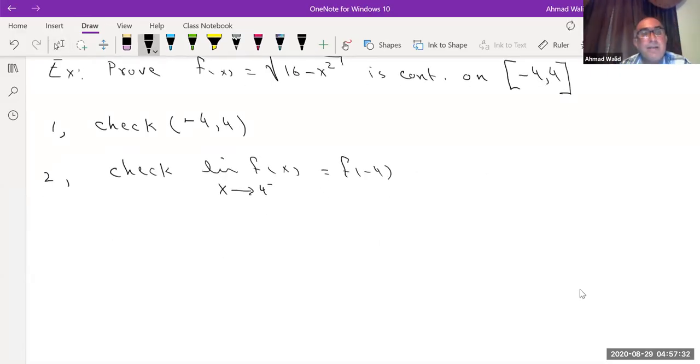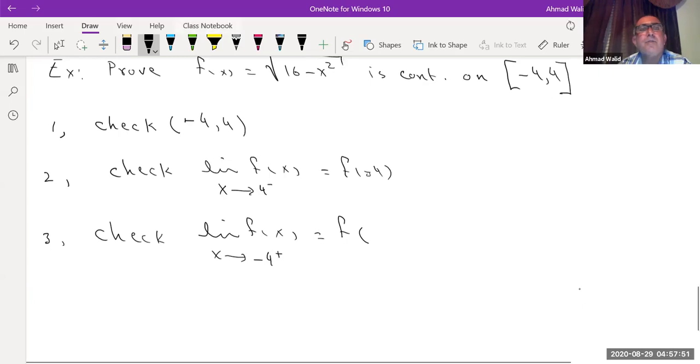Number three, I will check if the limit of f of x as x approaches -4 from the right equals f of -4.